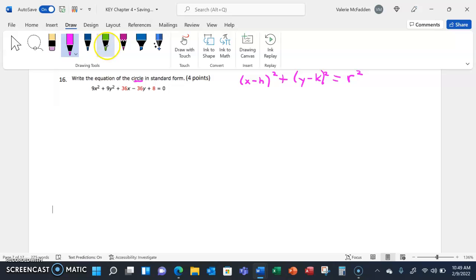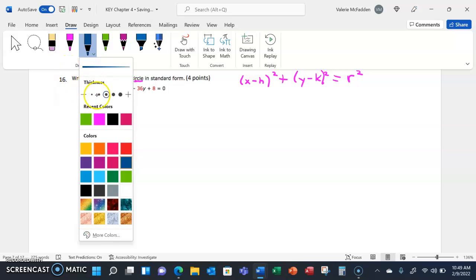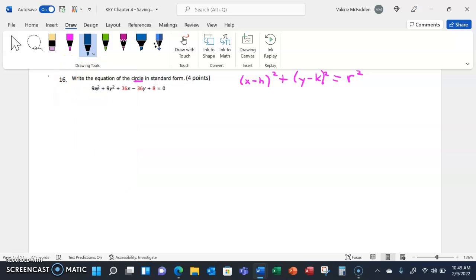In order to complete the square, we will start out by rewriting it with our 9x squared first, and then our x's to the first power second. So we're getting our x's together, 36x. And then I want you to put plus a blank.